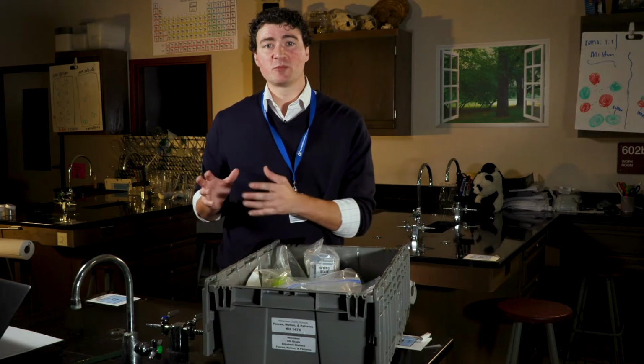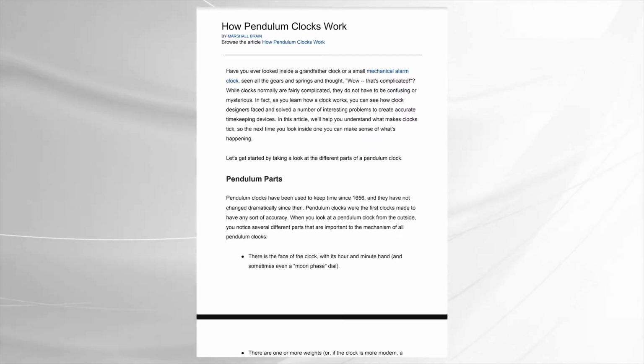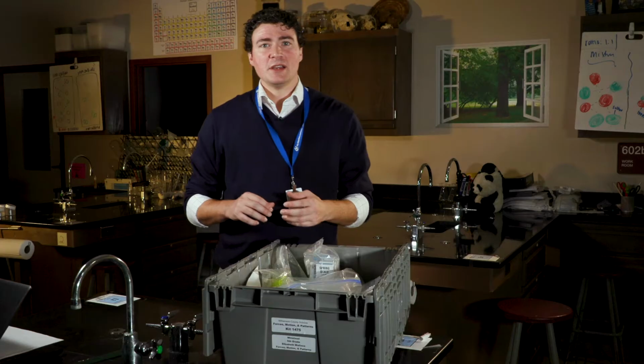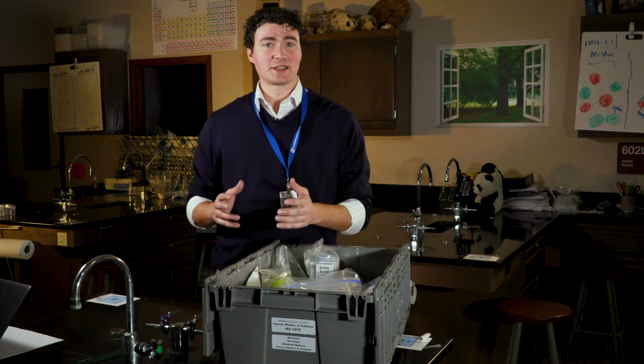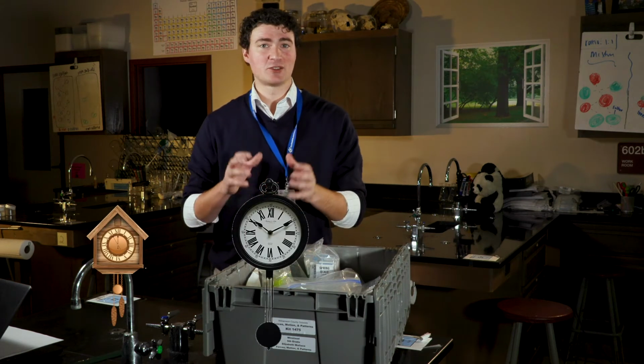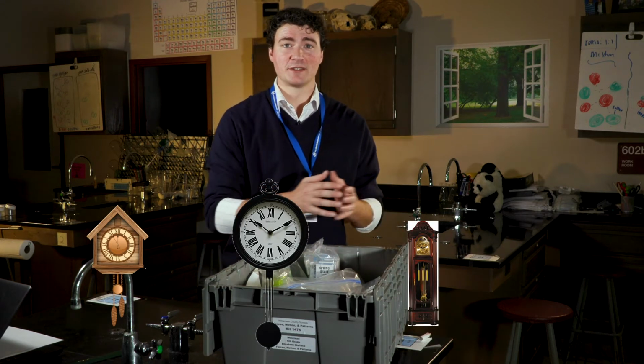The lesson plan has been revised a little bit, and now includes an excerpt from an article titled "How Pendulum Clocks Work." The excerpt briefly describes the role of pendulums in clocks, and describes 3 types of clocks: small cuckoo clocks, normal-sized wall clocks, and large grandfather clocks.